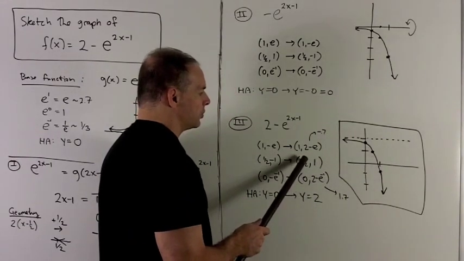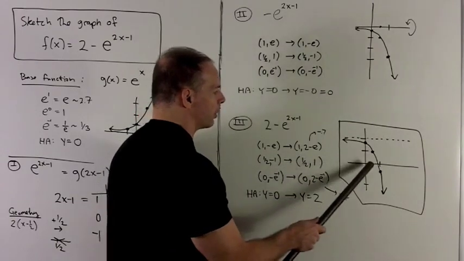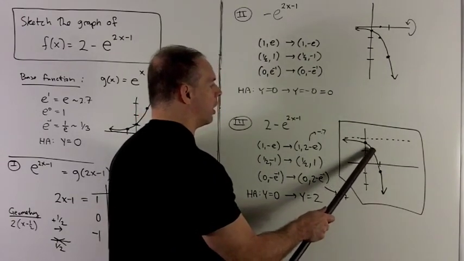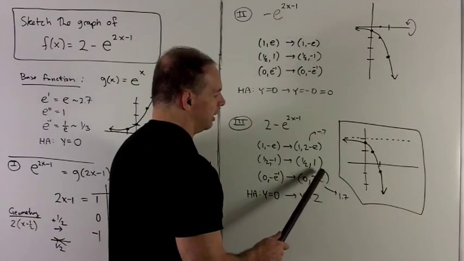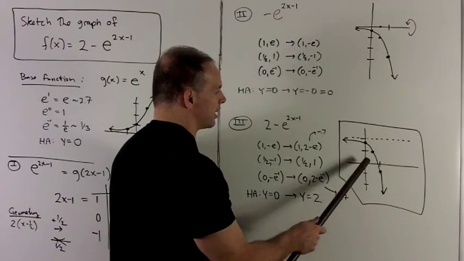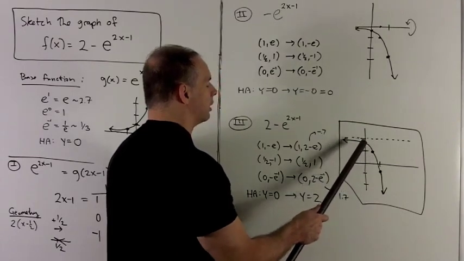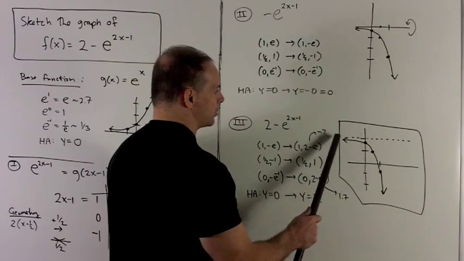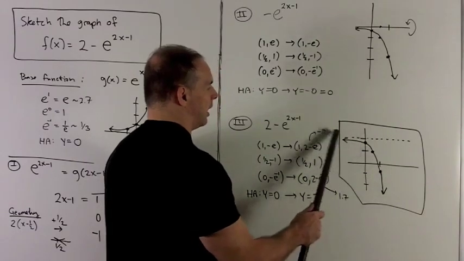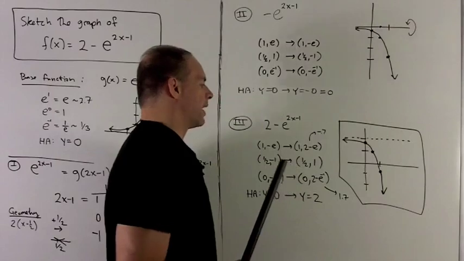Our next point is going to go to a half, comma 1. So we're going to go over a half, up 1. And then my last point, 0, 2 minus e to the minus 1, which is roughly 1.7. So we go up to here. Asymptote stays where it is at y equals 2. We connect the dots, and that gives me my graph of the final function.